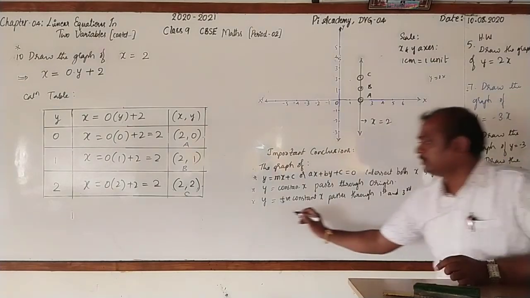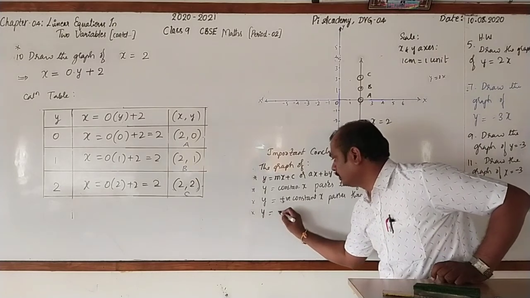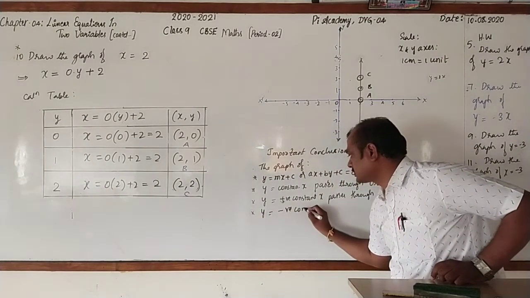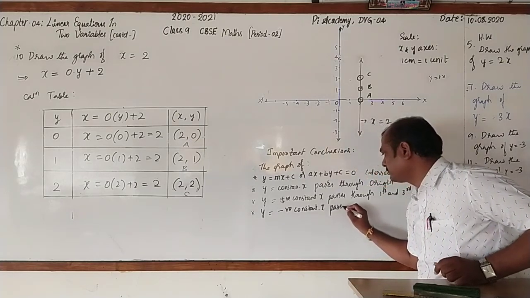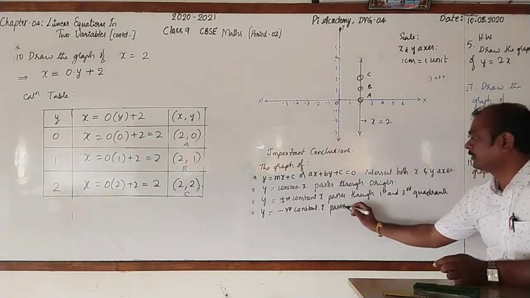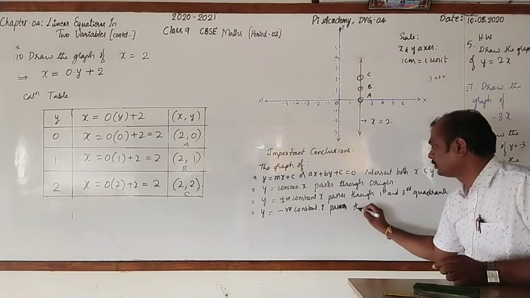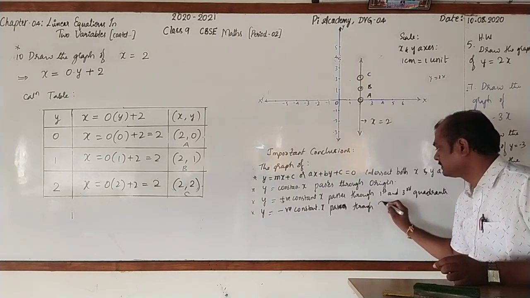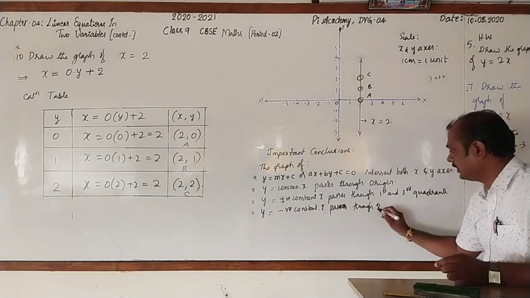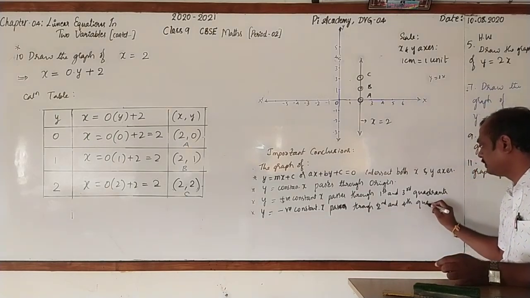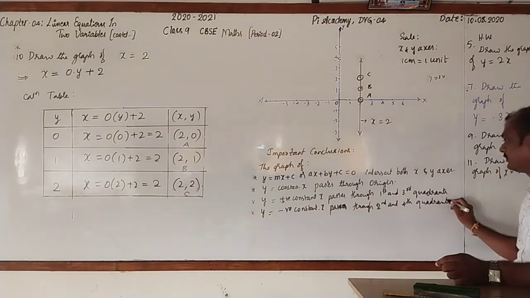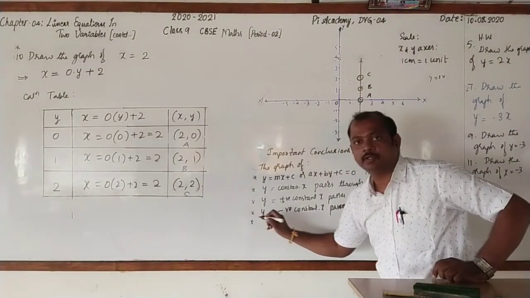Next, another one. If y equal to a negative constant into x, this passes through the second and fourth quadrants, right? Second and fourth quadrants.